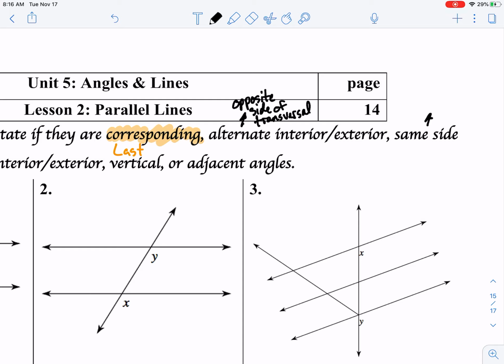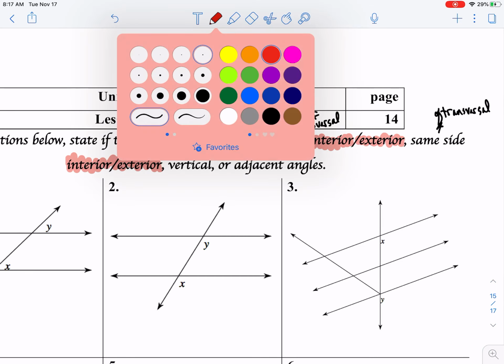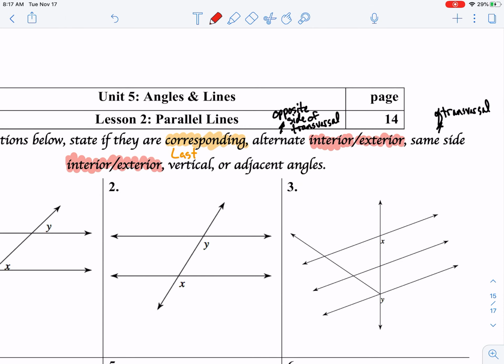So same side, so the angles are on the same side of transversal. And then interior, exterior for both of these deals with the angles' relation to parallel lines.